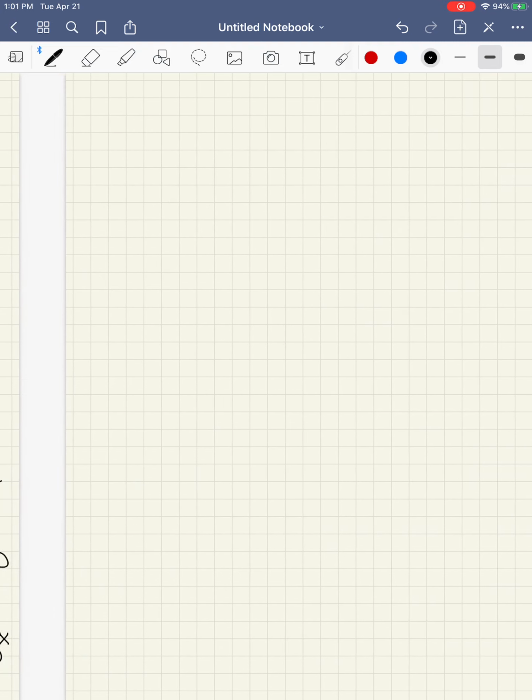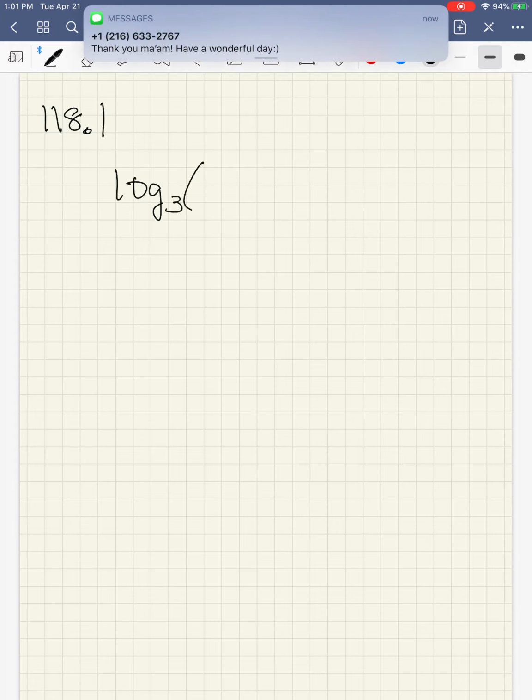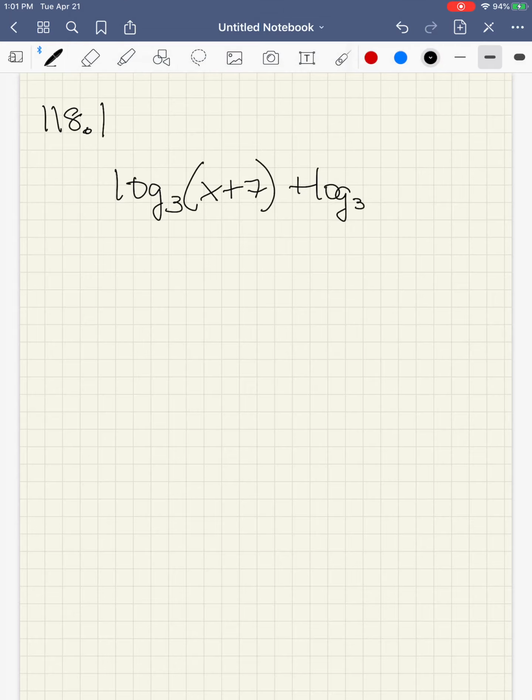Okay, so why did I go through and tell all of you that? Let's look at 118.1. It says solve. Log base 3 of x plus 7, plus log base 3 of 2 equals log base 3 of 20.